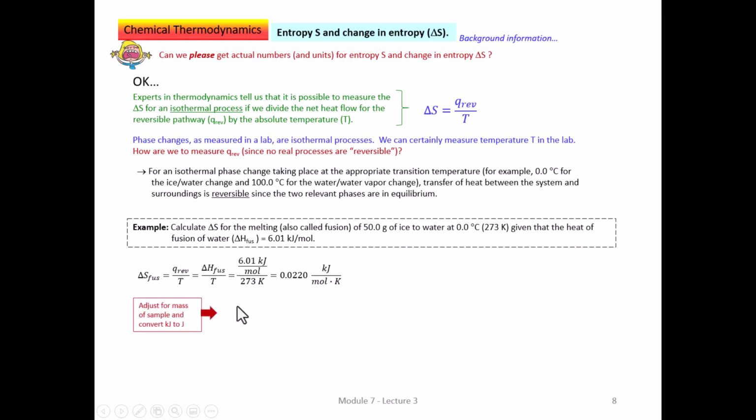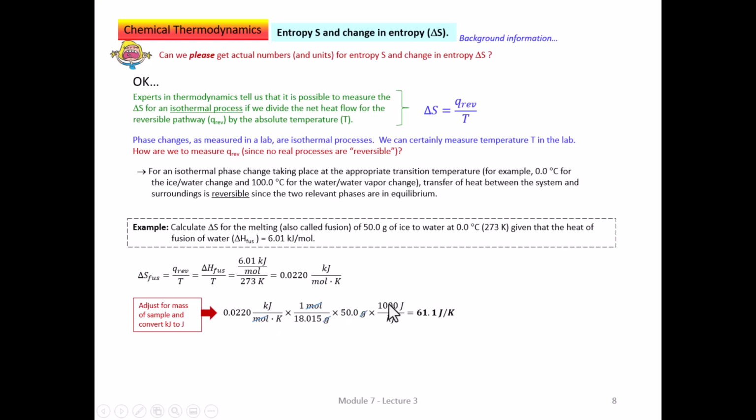And we need to adjust for the mass of the sample and then convert kilojoules to joules. So we take our kilojoules per mole per K and adjust for the fact that we don't have a mole, we have 50 grams.